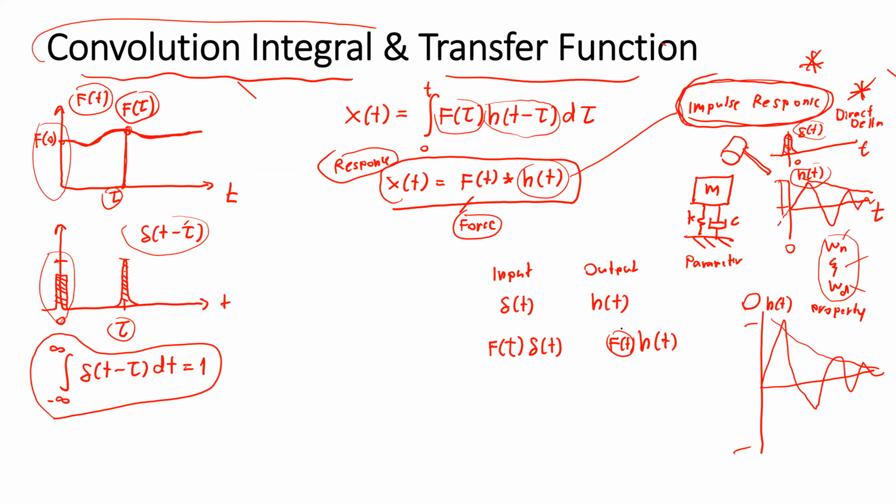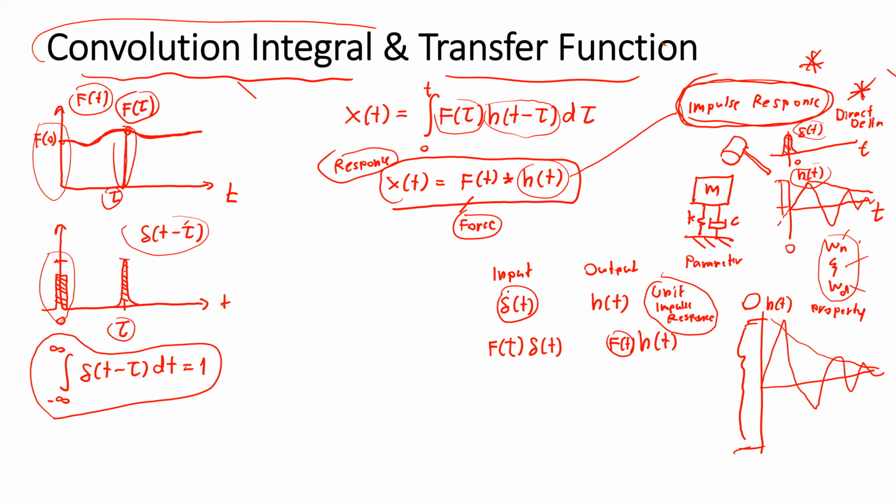So the magnitude of the force at that point of time just affects the magnitude of the impulse response. Unit impulse response: if the input is a direct delta, the output of the vibration is going to be the unit impulse response.